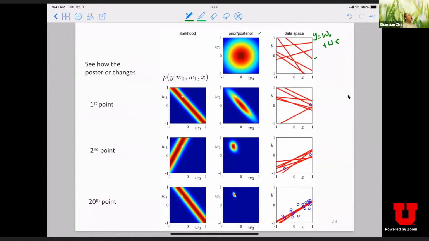Now let us assume that we have observed the first data point.